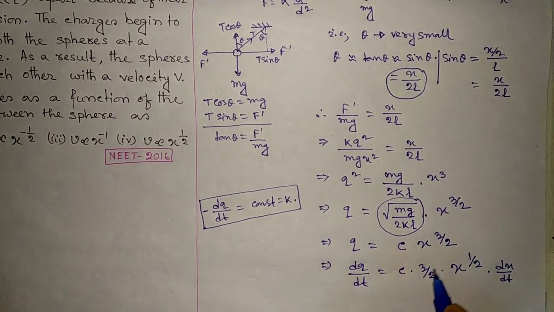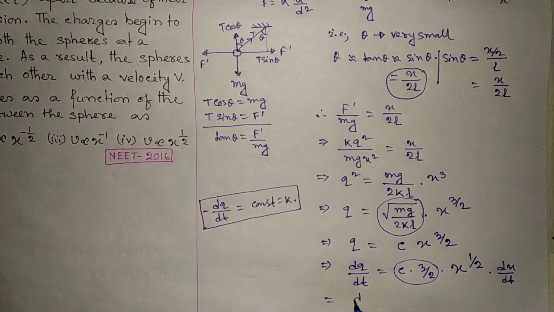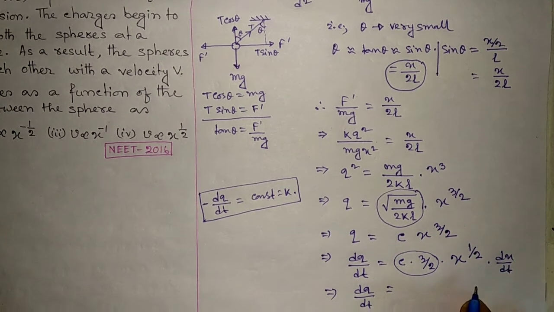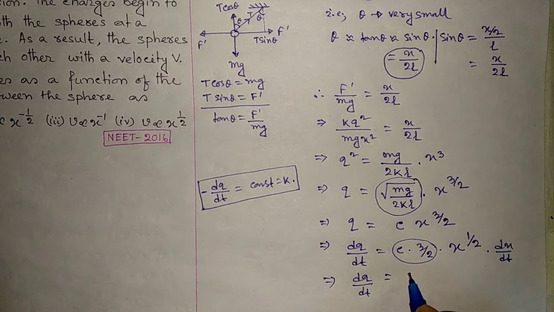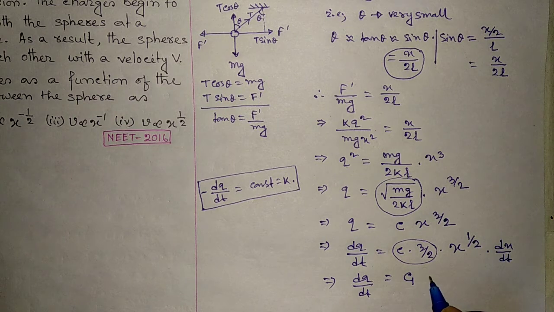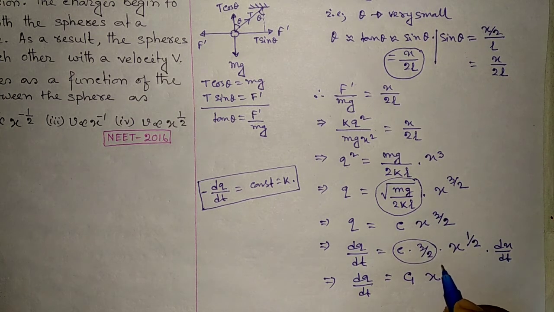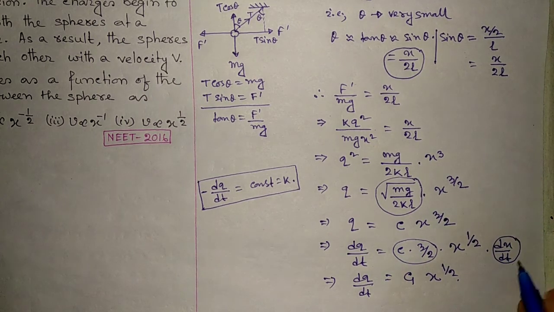Now it is another constant. So dq by dt is equal to c1 into x to the power half into dx by dt, which means velocity v.